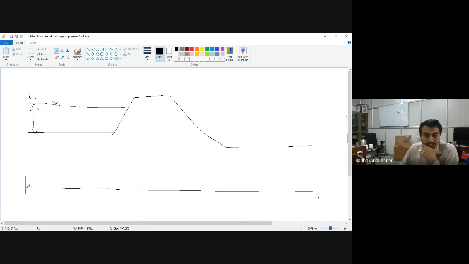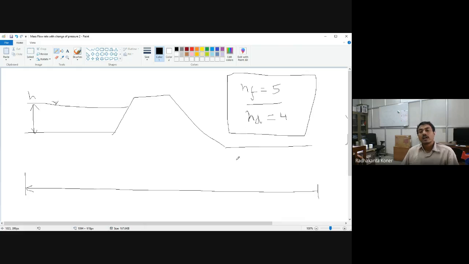You should assume NF, at least five channels. ND, you should assume at least 3 to 4 head drops. Calculate. Now, based on this calculation, I request you to take the assignment.